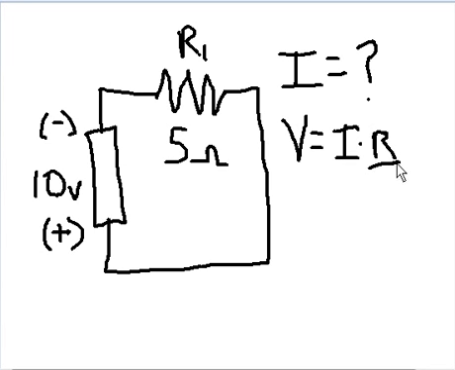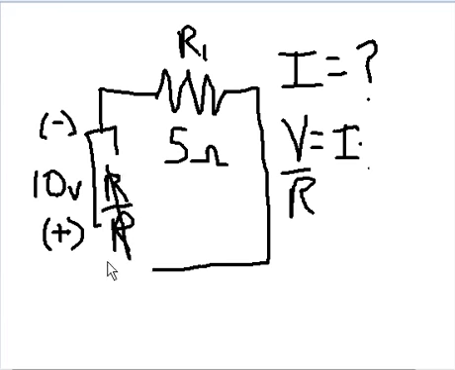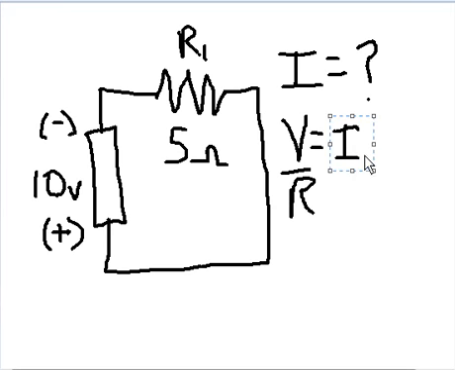I divide both sides by R. I divide the left side by R and the right side by R. R over R cancels out completely, and now that guy is gone. Now I have V over R equals I.